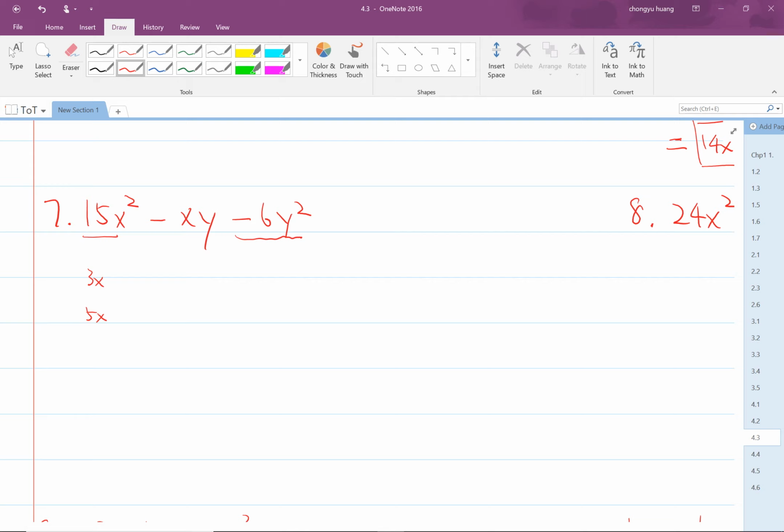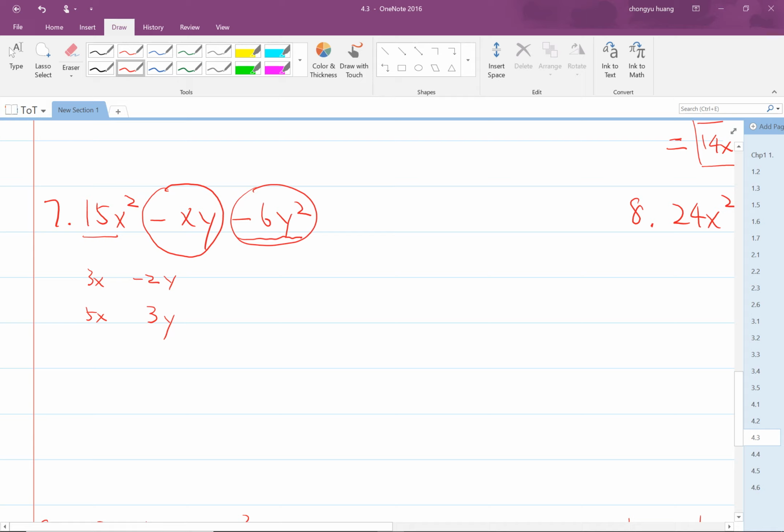So what we have is negative 6y squared, and what we want over here is negative xy as the middle term after we finish the cross calculation. Basically, I want to say the right combination should be negative 2y and 3y, because over here what we have is negative 6y squared.